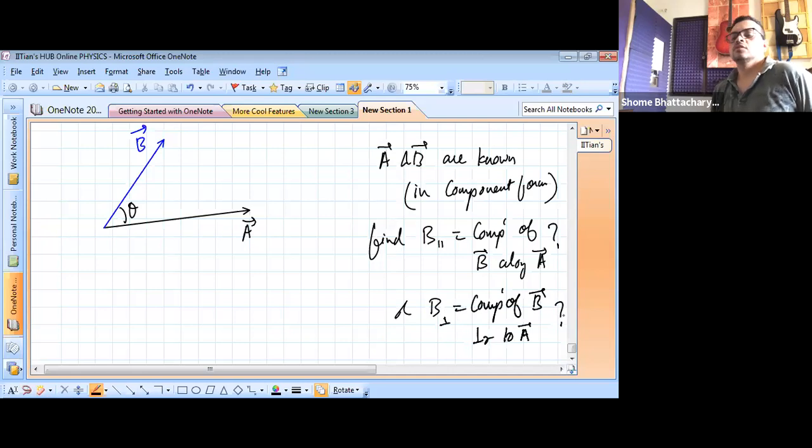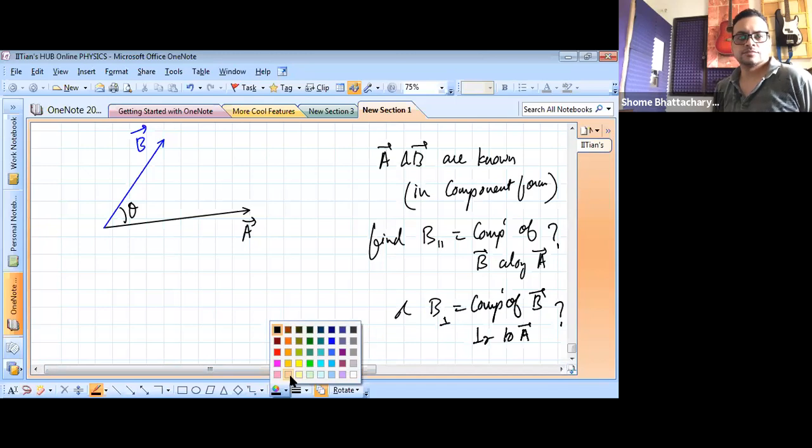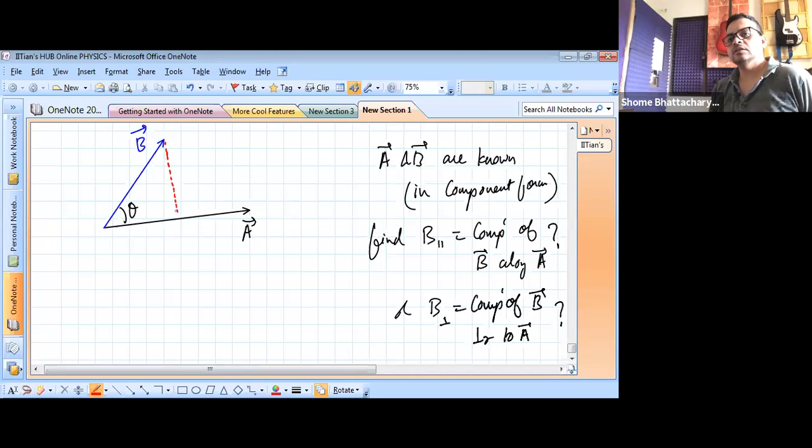So what we'll do is we'll make use of dot product. From B, if we drop a perpendicular on A, we can see that this quantity here is the parallel component. So it is nothing but B cos theta.